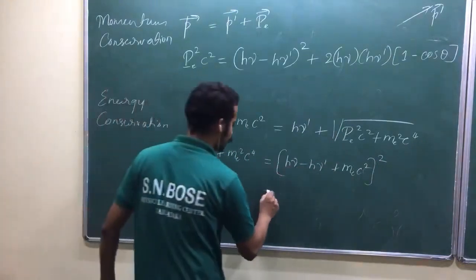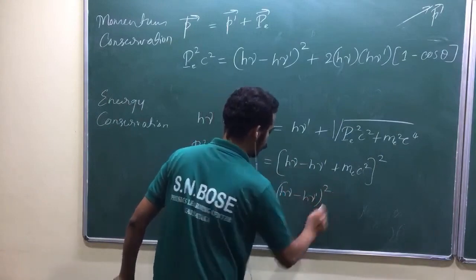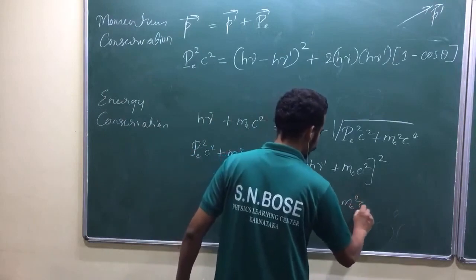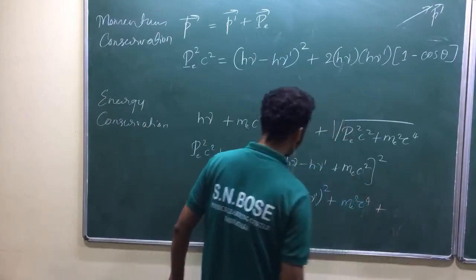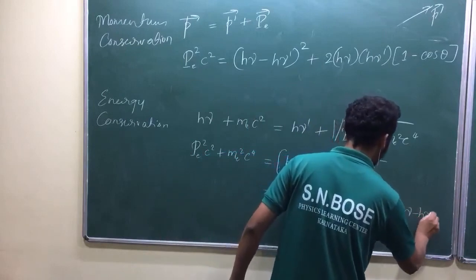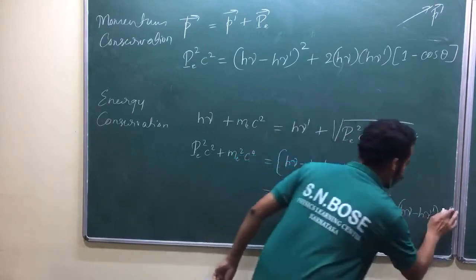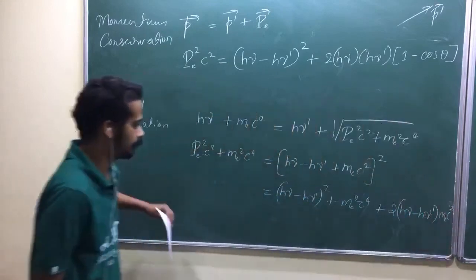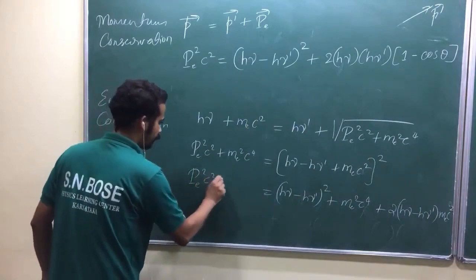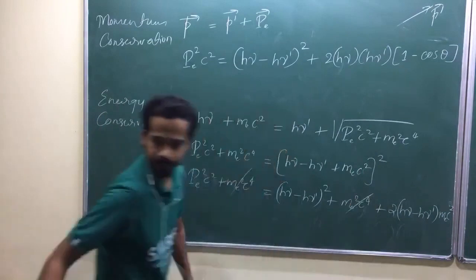Now if you square this, keeping h nu minus h nu prime, the whole square, a square plus b square, me square c power 4, plus 2 times ab, 2 times h nu minus h nu prime into me c square. Just check it out. Pe square c square plus me square c power 4. Now I can cancel this out.